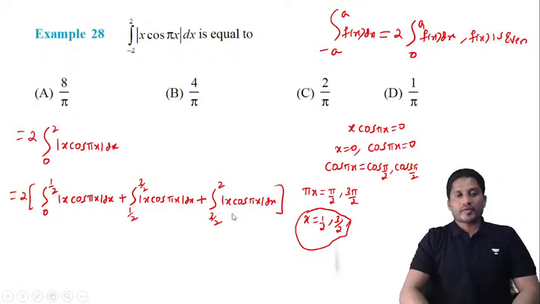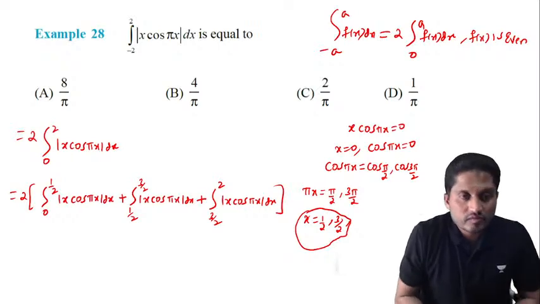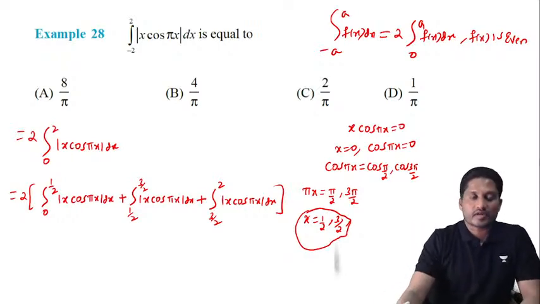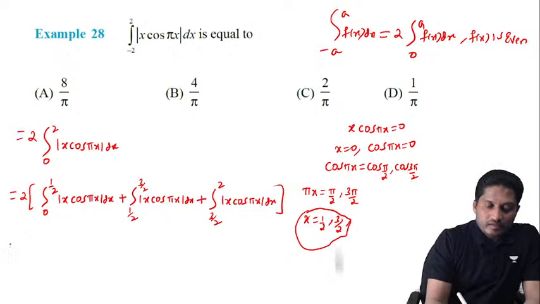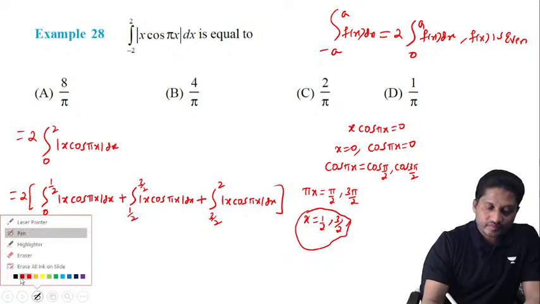Right, between 0 and 1 by 2, pi x obviously lies in first quadrant, right? So this is equal to 2 times, this is positive.